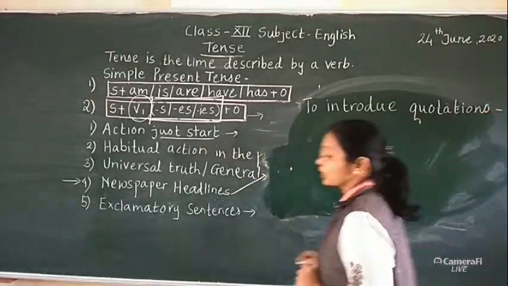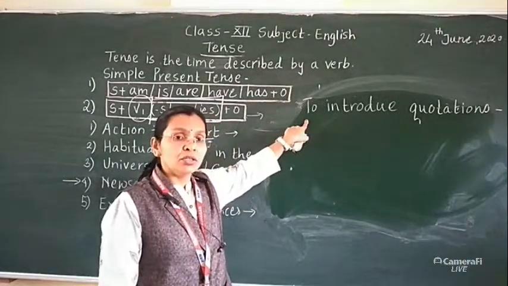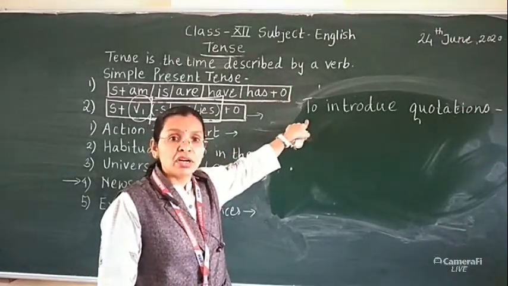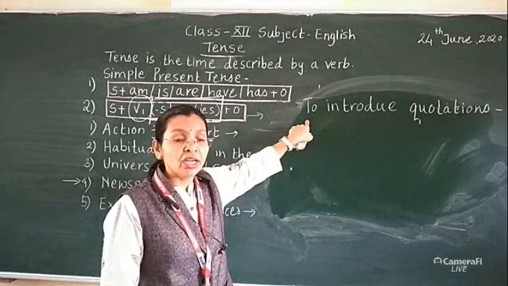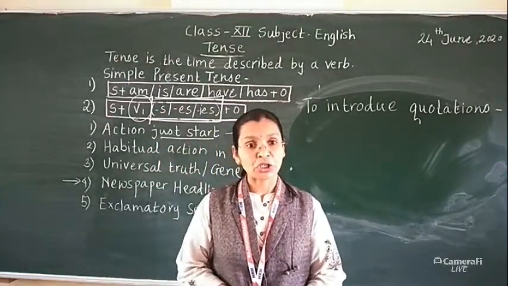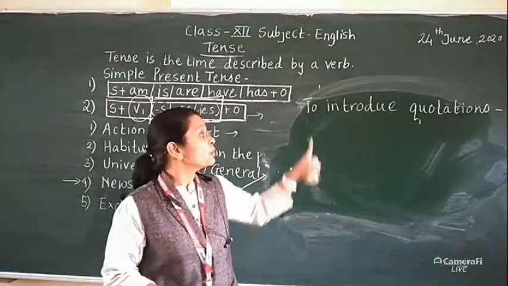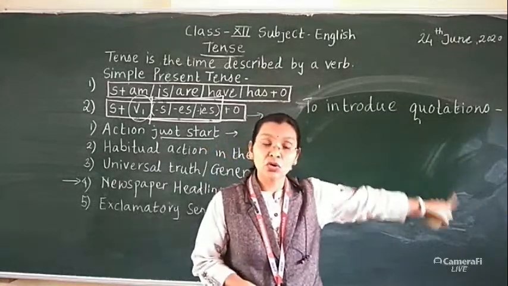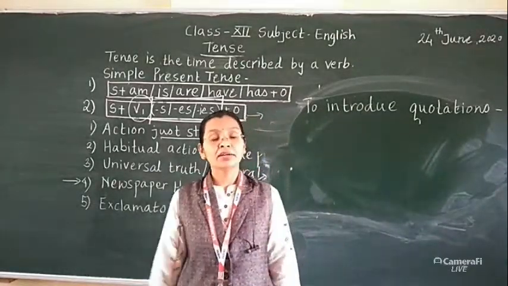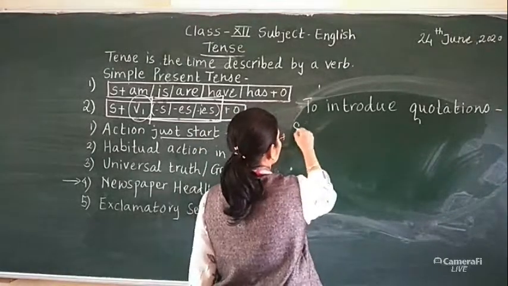Okay. What is important here? When you introduce a quotation, why am I taking this use of simple present tense? Because in 11th standard you have a writing skill topic, and that is the expansion of ideas. So in that expansion of ideas, you must remember that if there is a quotation, you always write it in a simple present tense. For example, it's very simple.